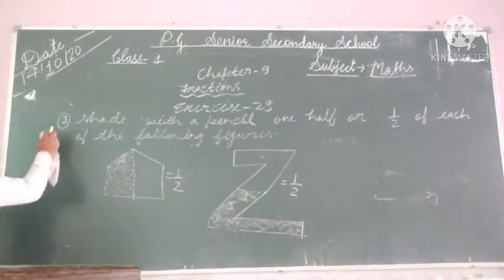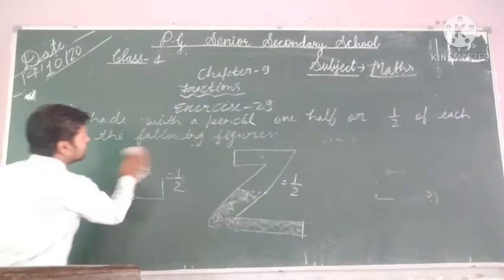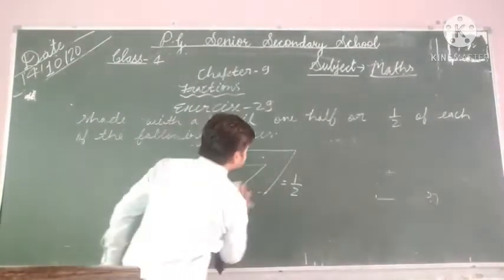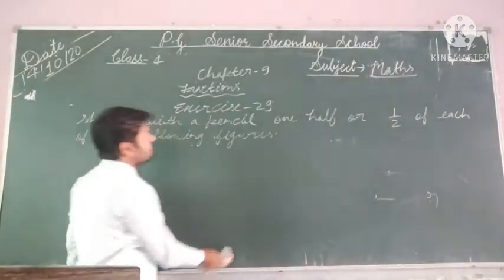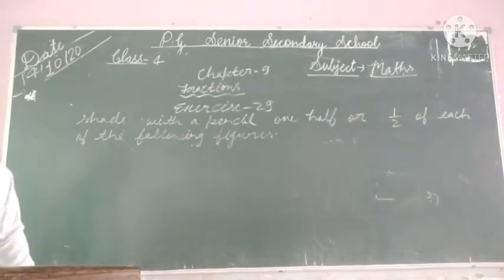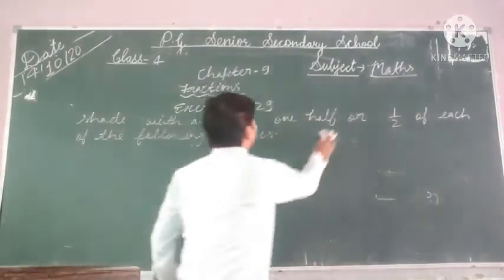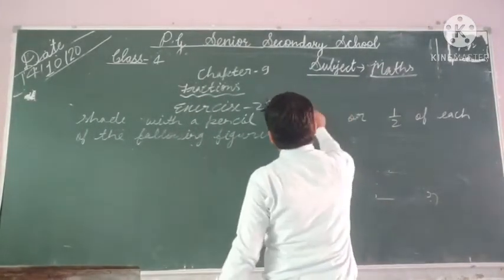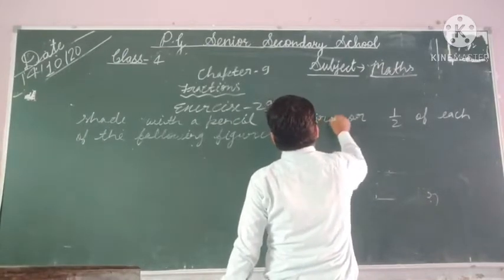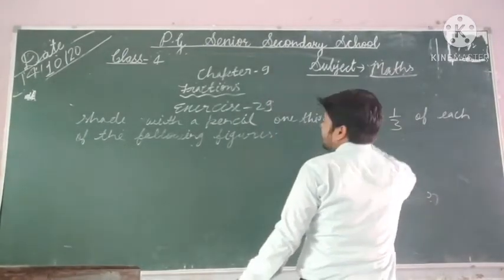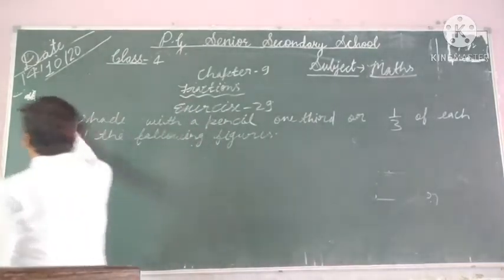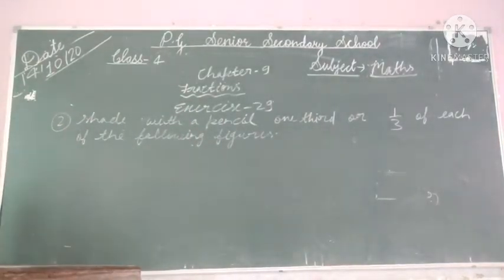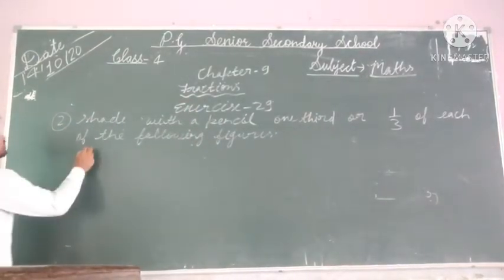Now I am going to tell you second one. What is second? Second is 1/3 of each of the following figures. So the first figure is like this.